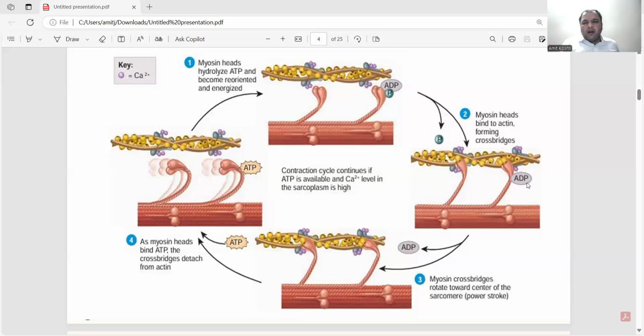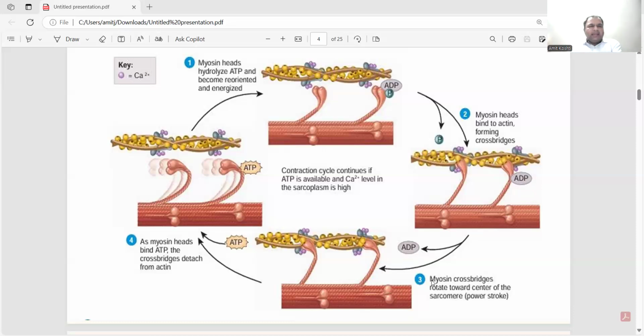So for the pulling of the actin molecule to take place, what will happen in the third step? This ADP molecule gets detached from the myosin head, and that will carry out the pulling, the sliding of the actin molecules.